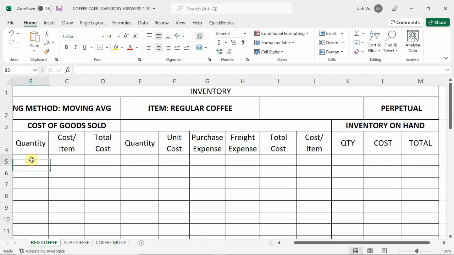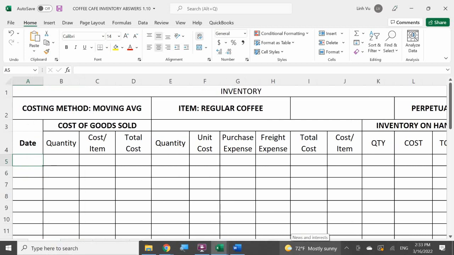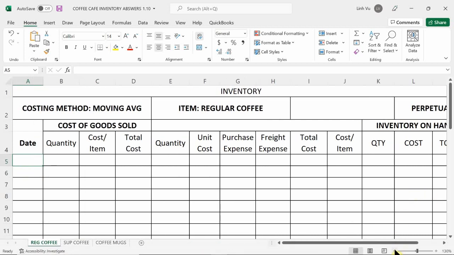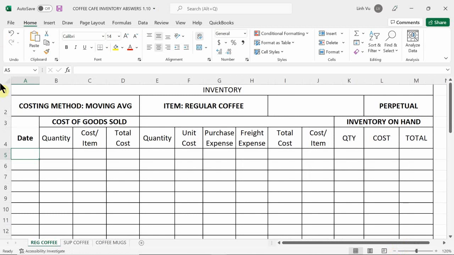All right? So right now, I made it a little too big. So right now, the date is June 12th, right? We're going to skip over the cost of goods sold section.